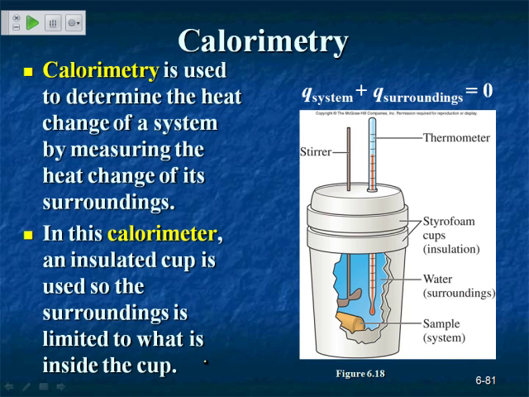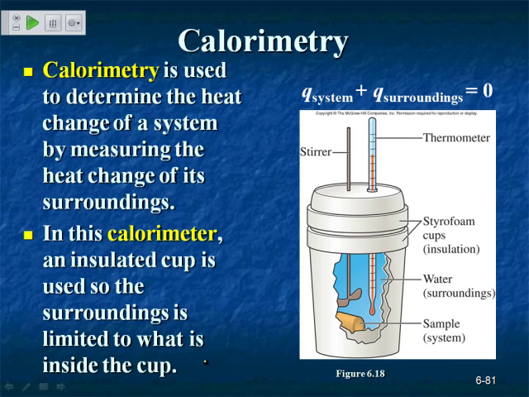So water will be your surroundings, and these are styrofoam cups just for the insulation, so that there is no heat exchange between your surroundings and the air. Okay? And you will measure the mass of water you are putting in. So you have the mass of water.